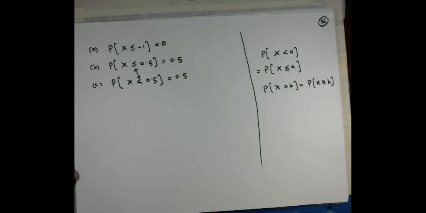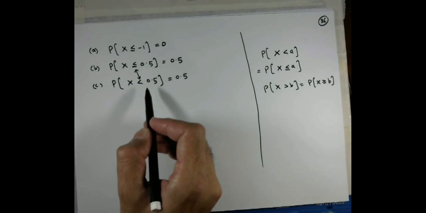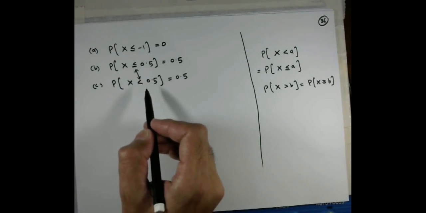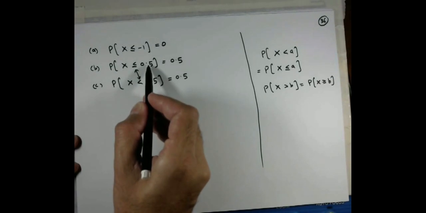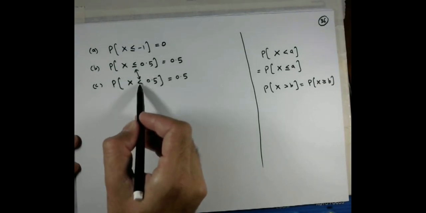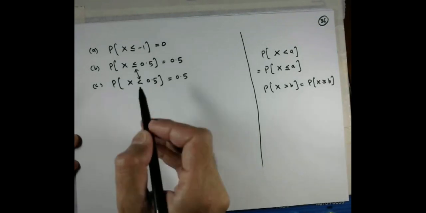And secondly, we know that the probability at a point in the distribution of a continuous random variable is always equal to 0. So you see here this equality means this 0.5 is also included. Here this inequality simply means not 0.5 but just a little below 0.5.